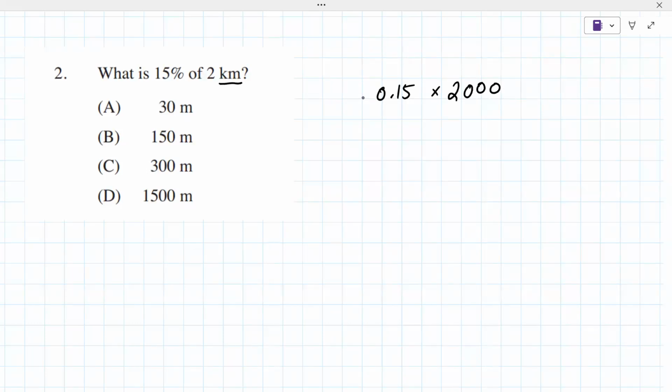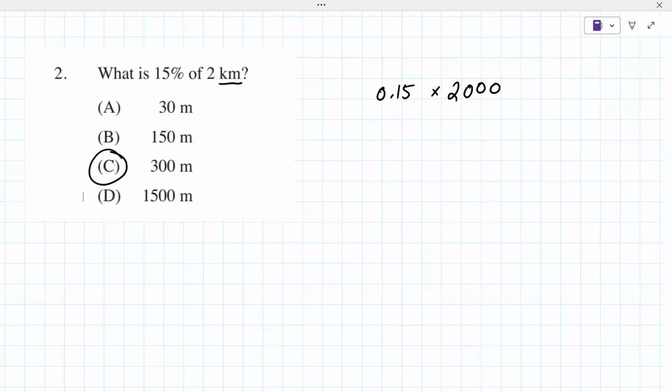Do you want to change your answer? Oh, yeah. C. It is C. Good.